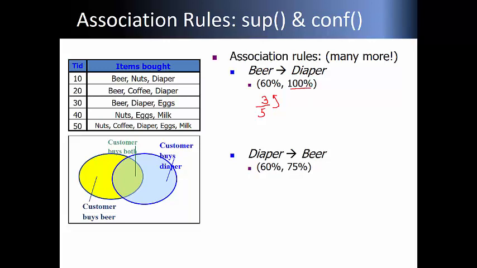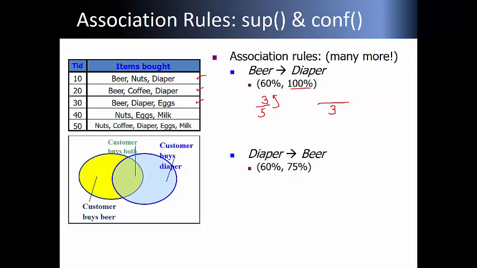What about confidence? You first look at the records which have beer. This record has beer, this record has beer, this record has beer. The other 2 do not have beer. So the number of records having beer is 3. How many of them also have diaper? This one has a diaper, this one also, and that one also.